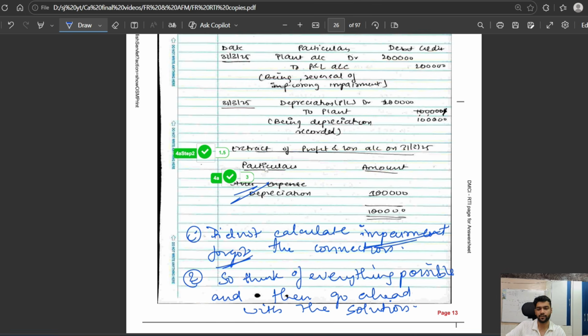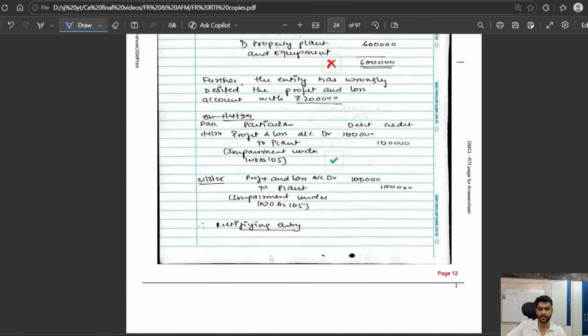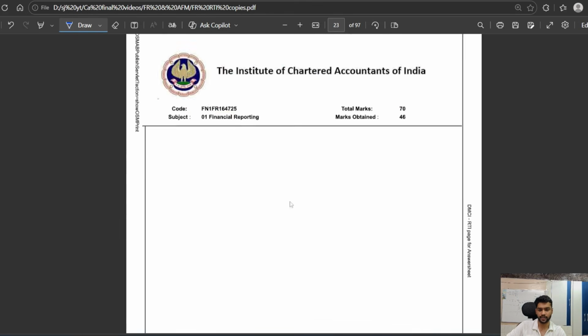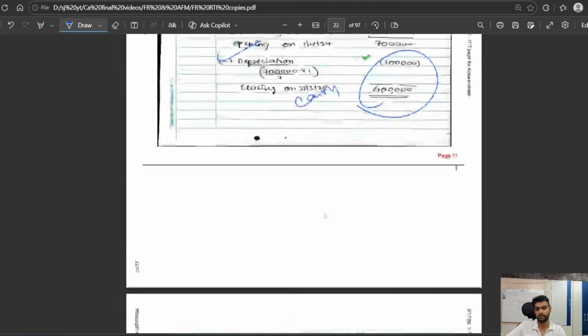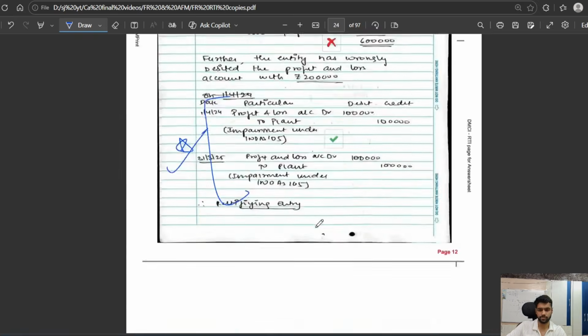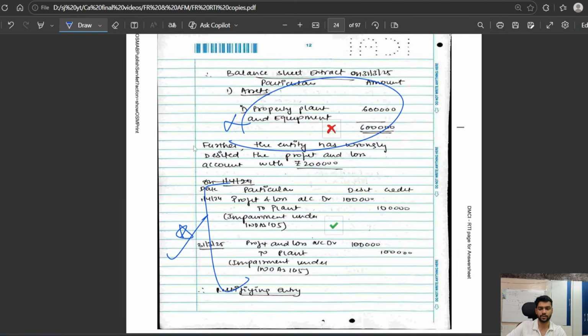So first of all, I rectified the mistake. As you can see here, this part is correct, right? So ICAI gave me marks here, but the calculation part is where I lost marks. So this is the carrying amount, right? And when it comes to this part, it was wrong. In this case, I have to compare the carrying amount with the recoverable amount, which was 5 lakh, and 1 lakh should be the impairment.